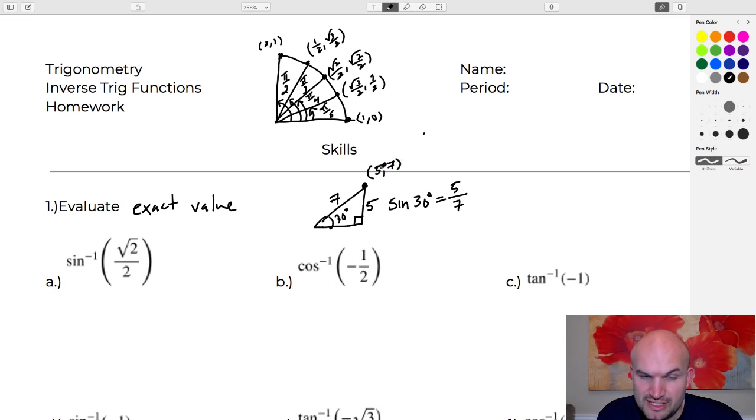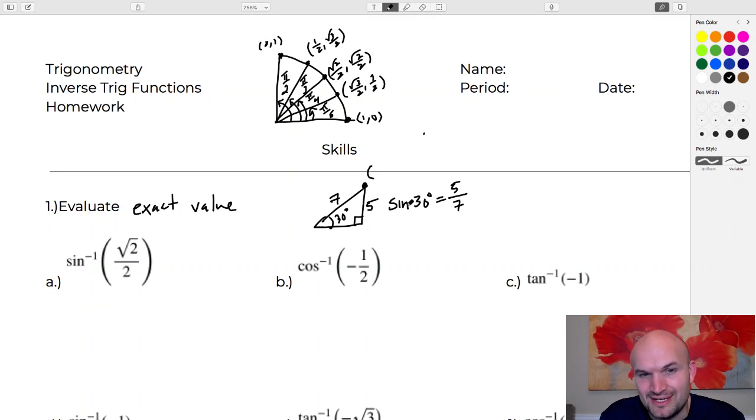I don't know what that coordinate point would be. That's 49 minus 25, so that would be 24, the square root of 24, which has to be reduced. All right, I'm getting on a tangent that I don't really need to get on.